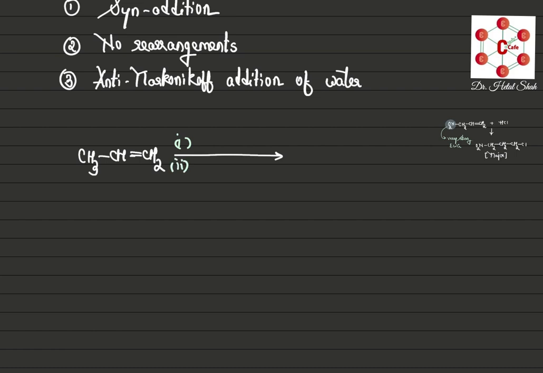So here we put B2H6 and THF, and 2 we put H2O2, oxidation, and OH minus. So what we do is we get CH3, CH2, CH2 and OH. Let us put this aside.